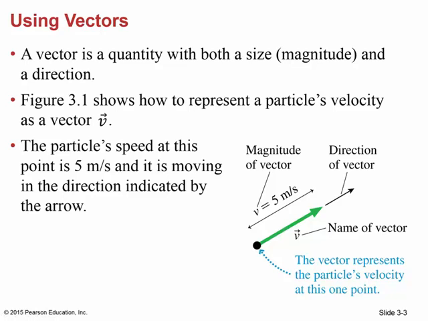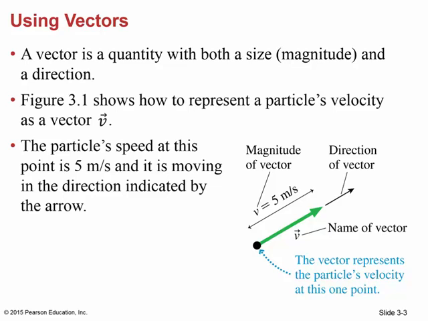Why does this method make it very convenient in solving problems? Because we can physically see it, and two, we can see not only the magnitude involved of the phenomena, whether it's velocity or acceleration or force or momentum, but we can also see the direction at which the object is moving or the force is applied.